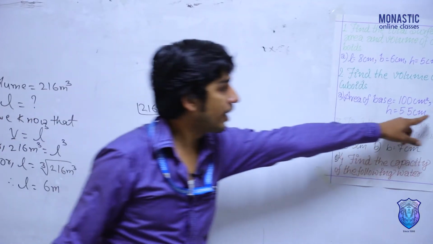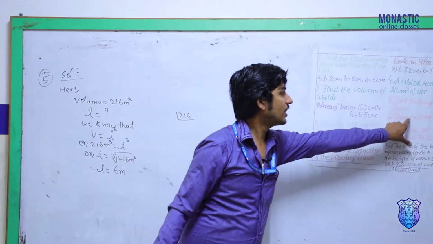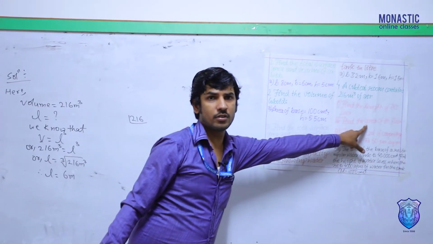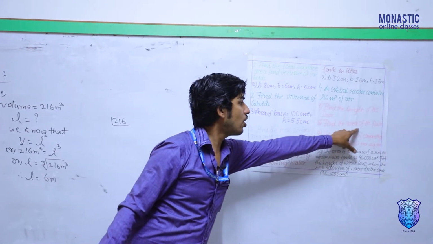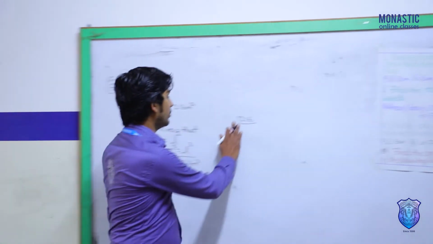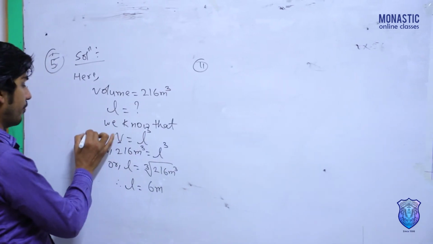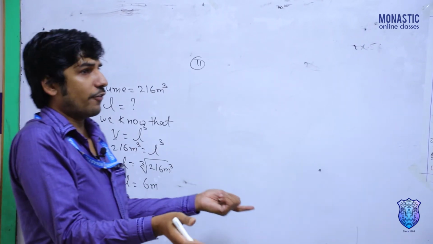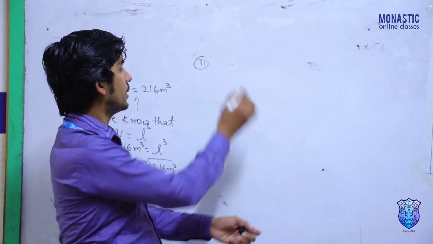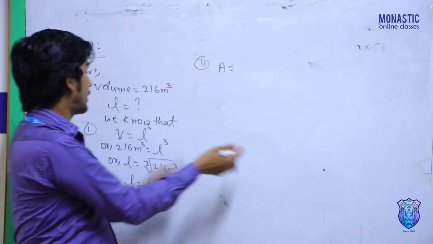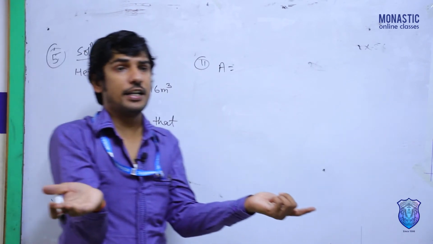See, number 2, find the area of its floor. It means to find the area of the floor. Area, why? A cube means all sides are equal.